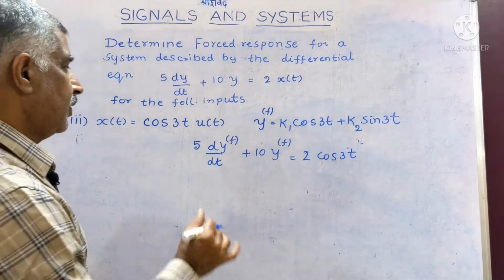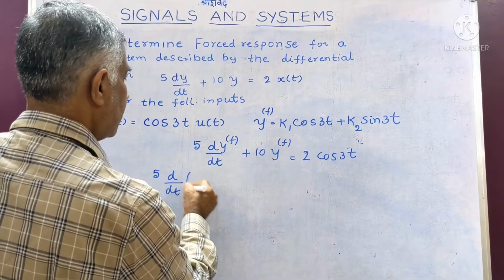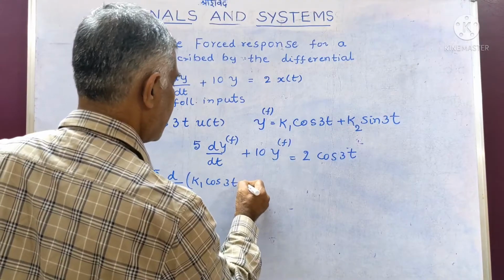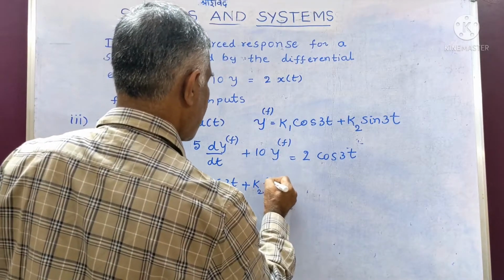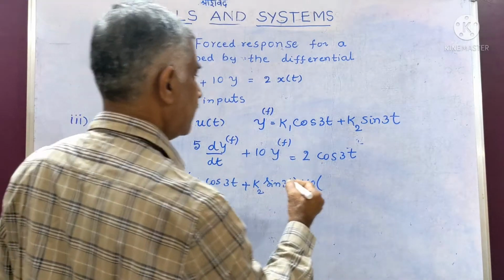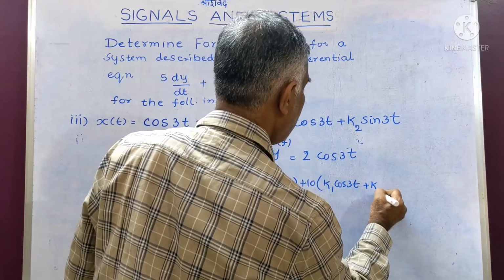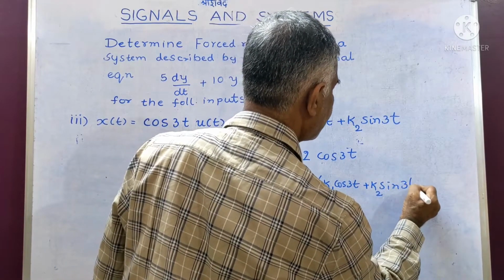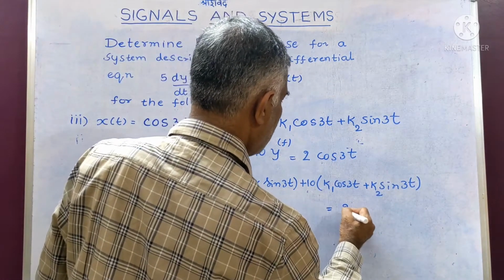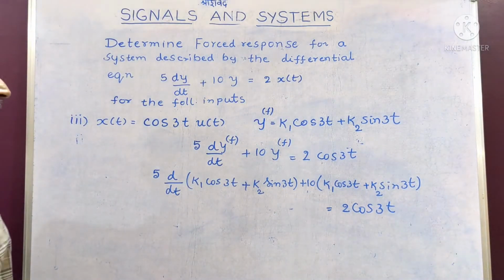You can leave it. Now 5 d by dt of, replacing yf, k1 cos 3t plus k2 sin 3t, plus 10 times k1 cos 3t plus k2 sin 3t is equal to 2 cos 3t. Differentiate.